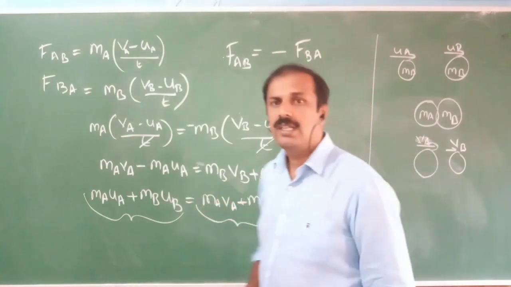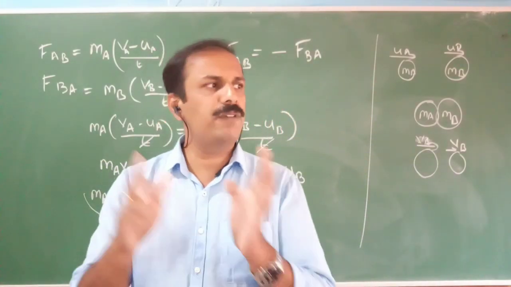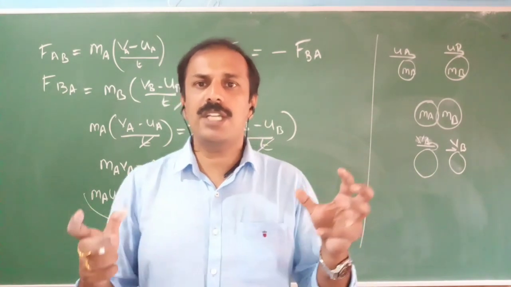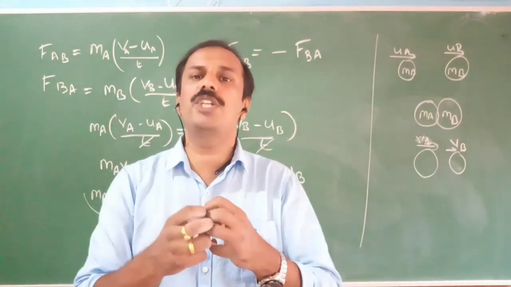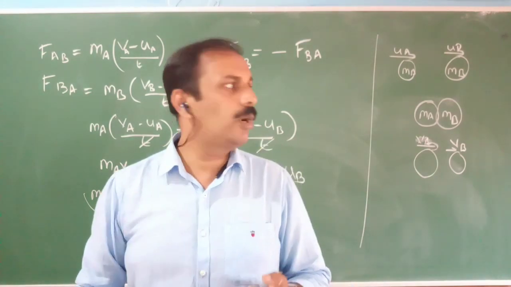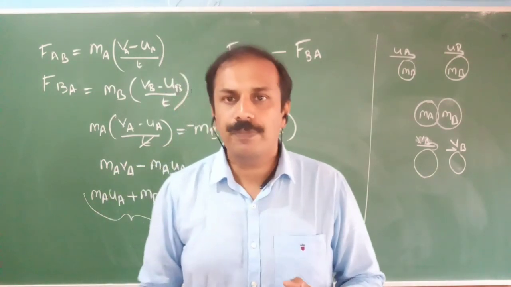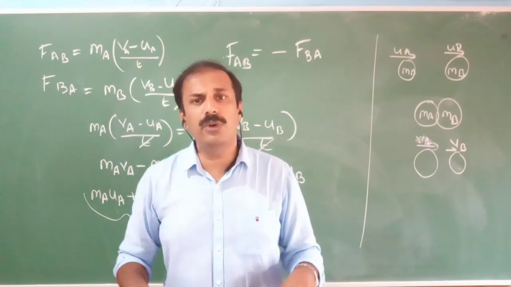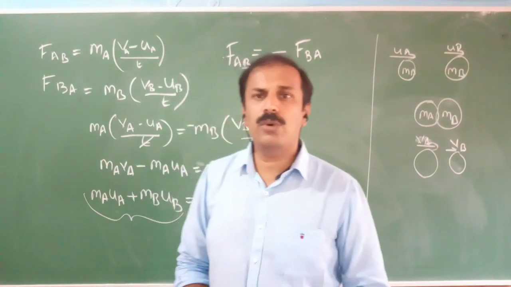So it says that initial momentum and final momentum are the same. That is, the total momentum of the objects before collision will be the same as the momentum after collision. So this is our most important equation: total momentum before collision is equal to total momentum after collision.